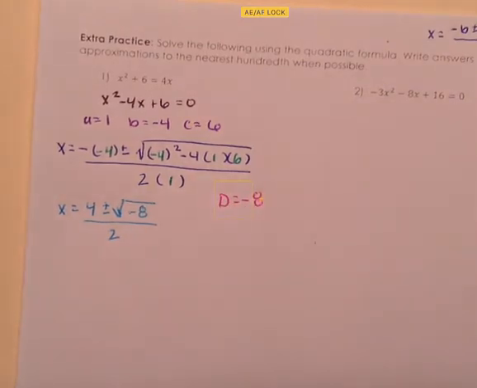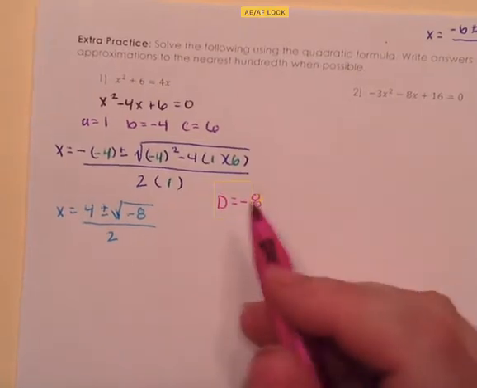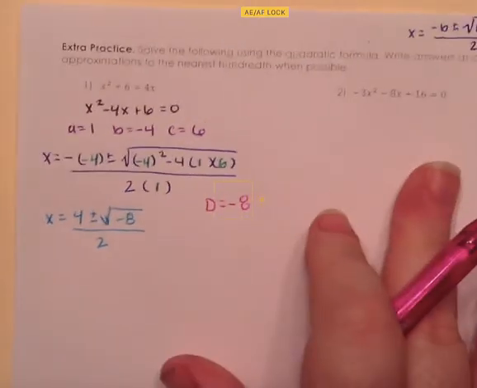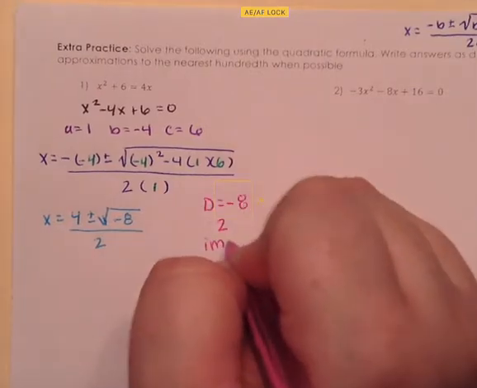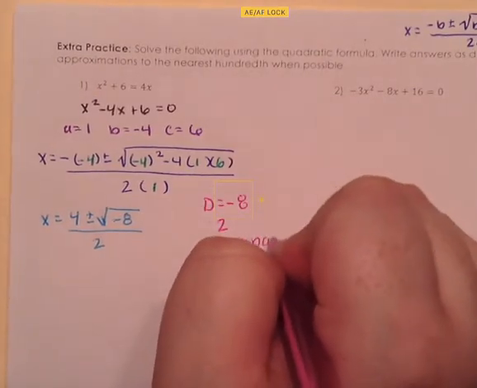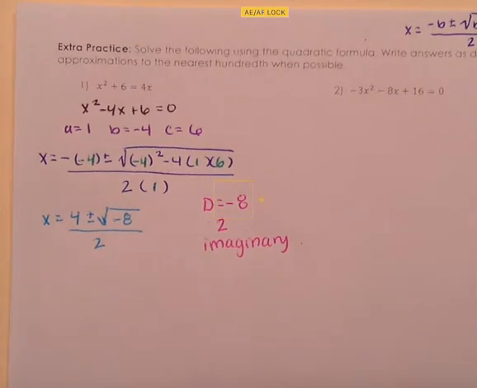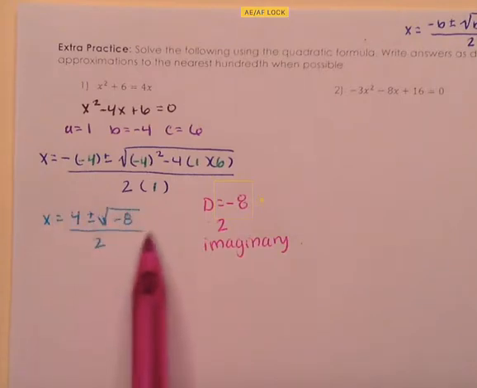If you go back to the notes on the discriminant, if the discriminant is a negative, it is less than 0. If the discriminant is negative, that tells us that we are going to have 2 imaginary solutions. That means I cannot put this into my calculator. That means that our solution will actually be almost similar. It will be very close to looking like this.